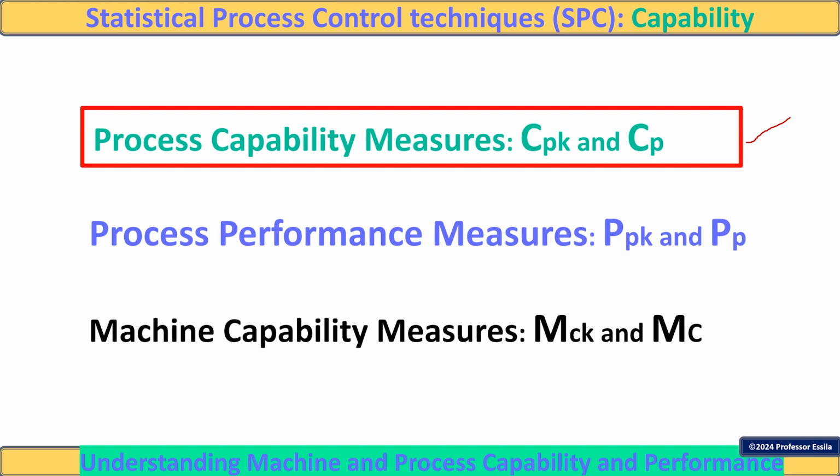The second one is process performance, which can be measured via the process performance index and the process performance ratio. Machine capability can be gauged through the machine capability index and machine capability ratio.